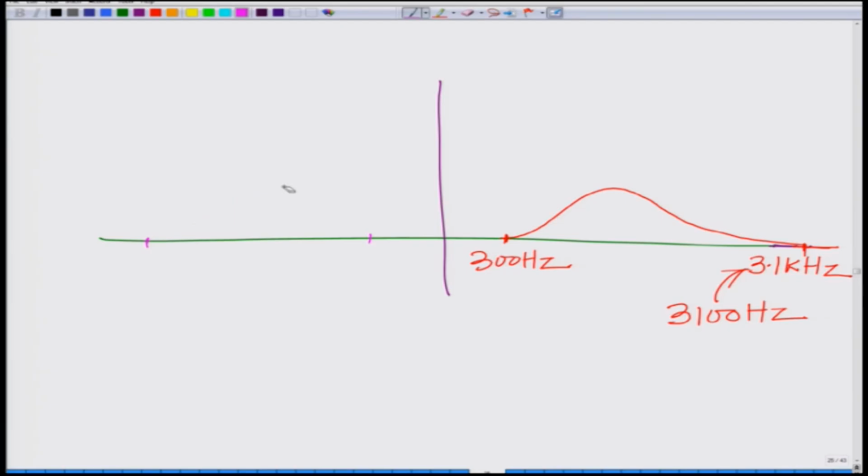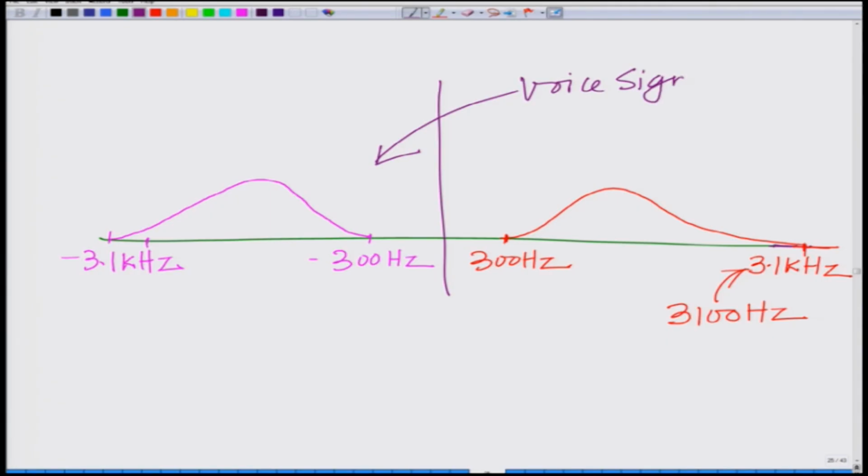This typically starts at minus 3.1 kilohertz to minus 300 hertz. Okay. So, this is how your typical voice spectrum or voice signal looks, this is the spectrum of the voice signal.